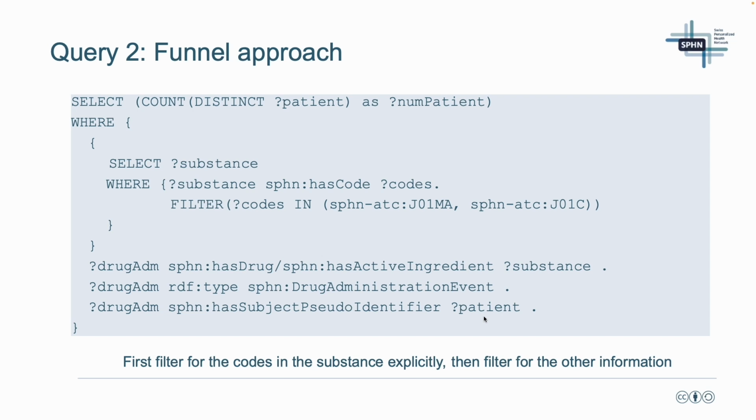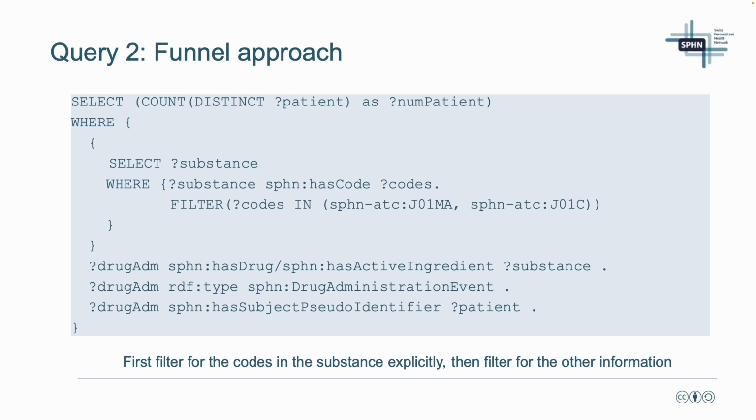So in this case, we can assume that the query might be faster than how the query was built with query 1, in case the substances which have these codes are not so many, because then you would only focus on these substances and then you can connect the other pieces of information that are directly relevant to it.